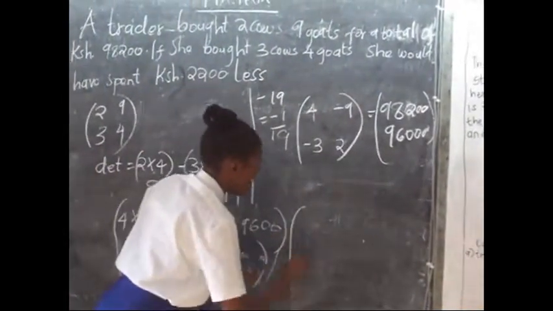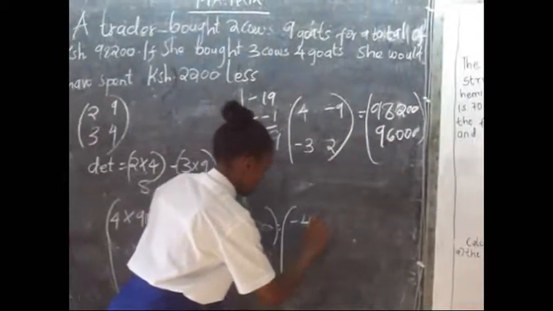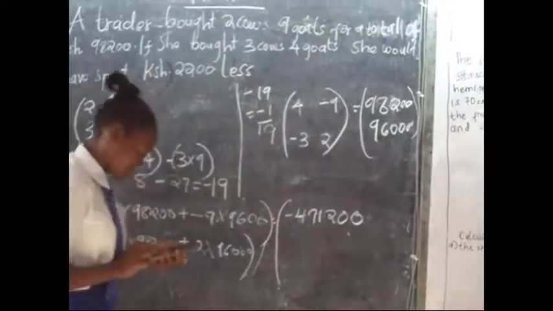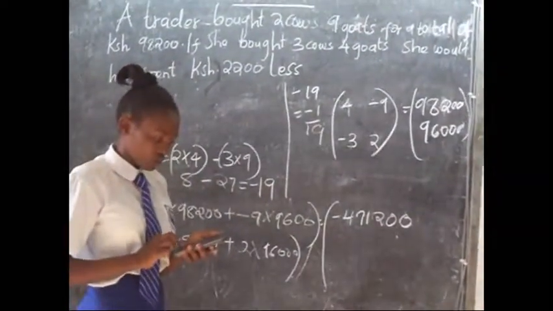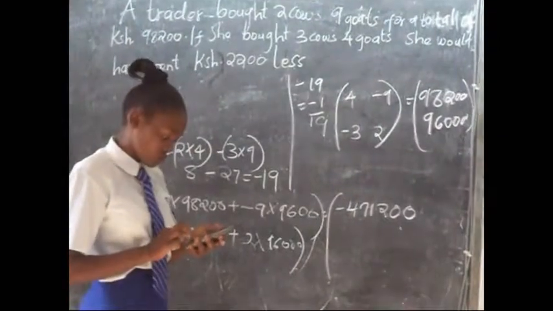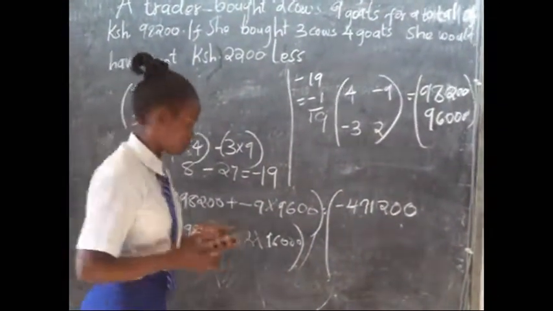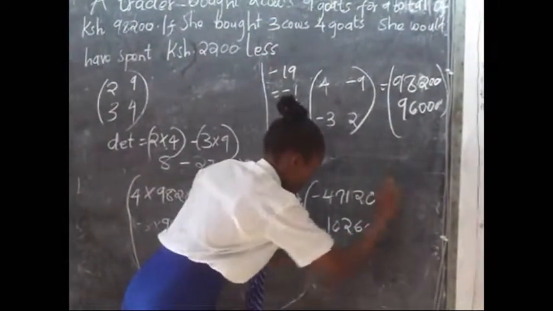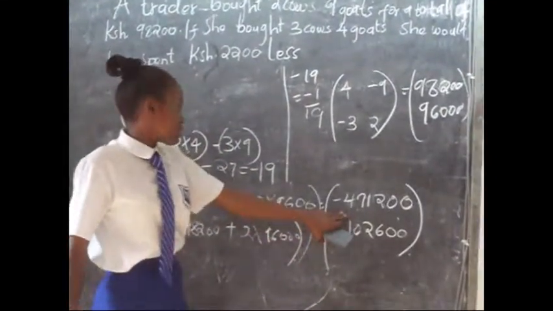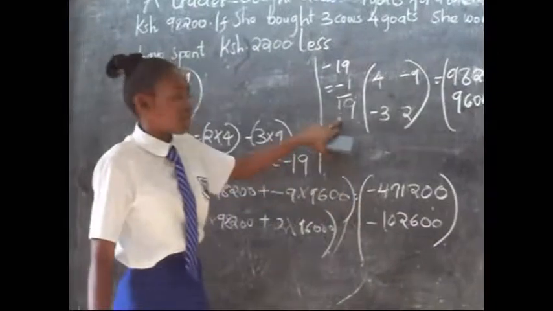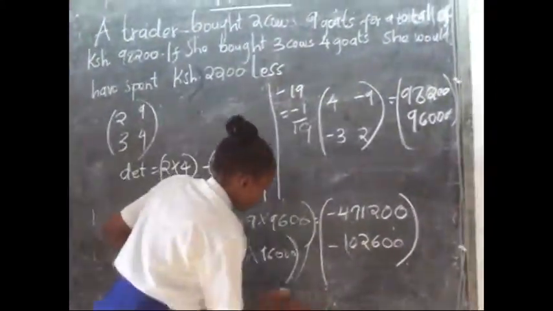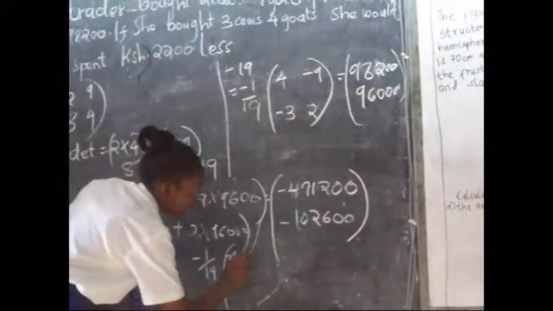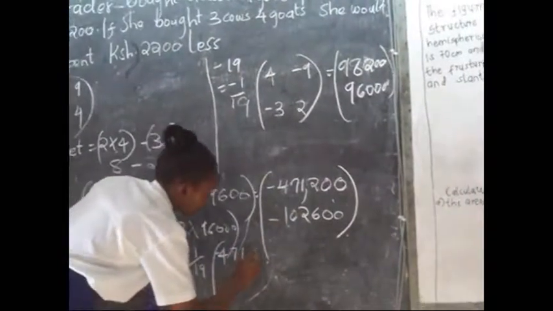Our answer here will be negative 47, and here will be negative. After this, we are going to multiply everything inside here by the inverse we had. Negative 1/19 into negative 471,200.